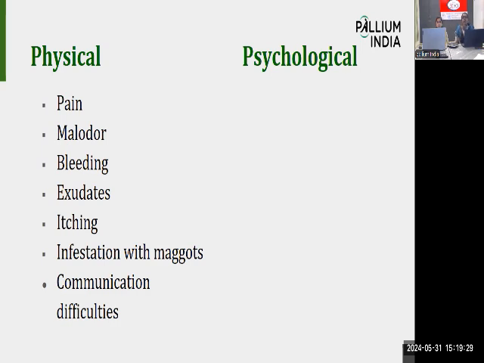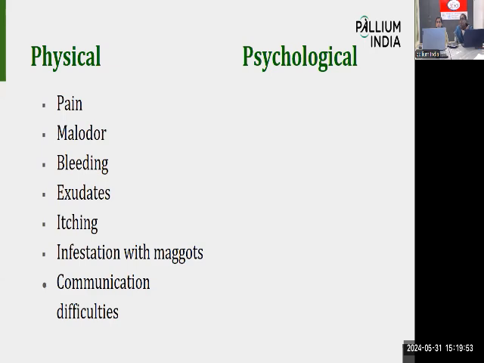One is leaking, where the exudates touch the normal skin, and then the patients develop itching. The other is the emergence of new nodules from the sides of the tumor, where a chemical reaction may occur, and then the patients develop itching.